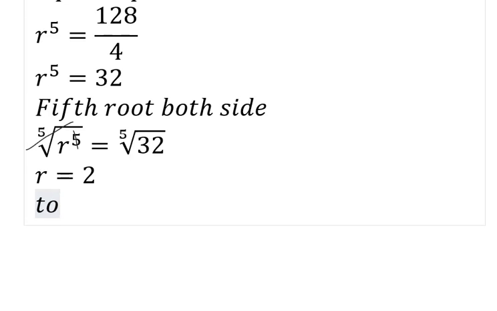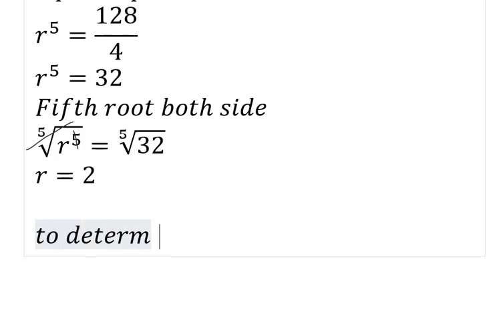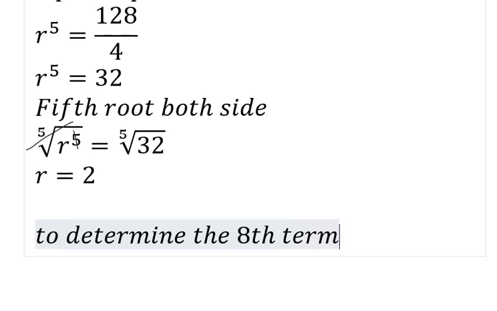To determine the eighth term, that's the first thing. By implication, it means we now know our first term to be what? We are given in the question to be 4.